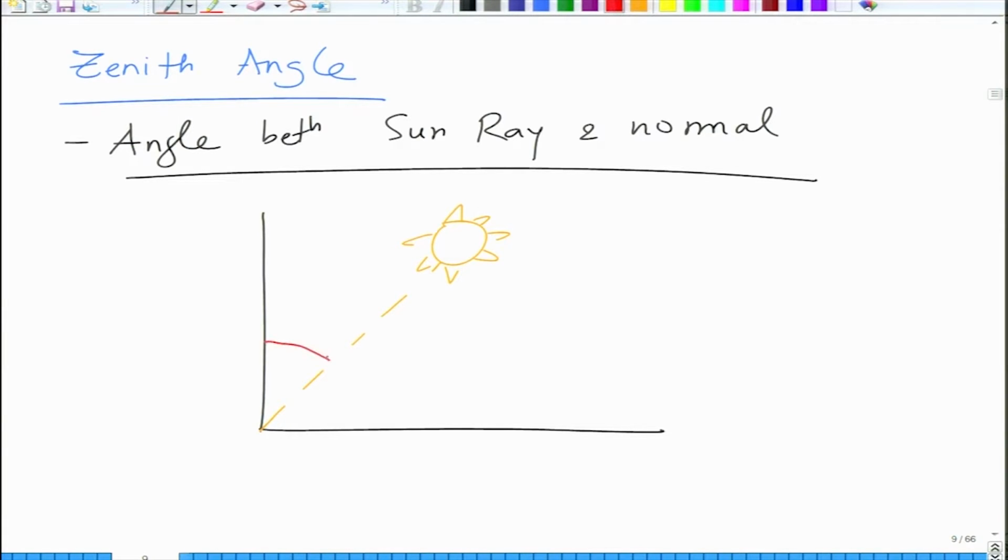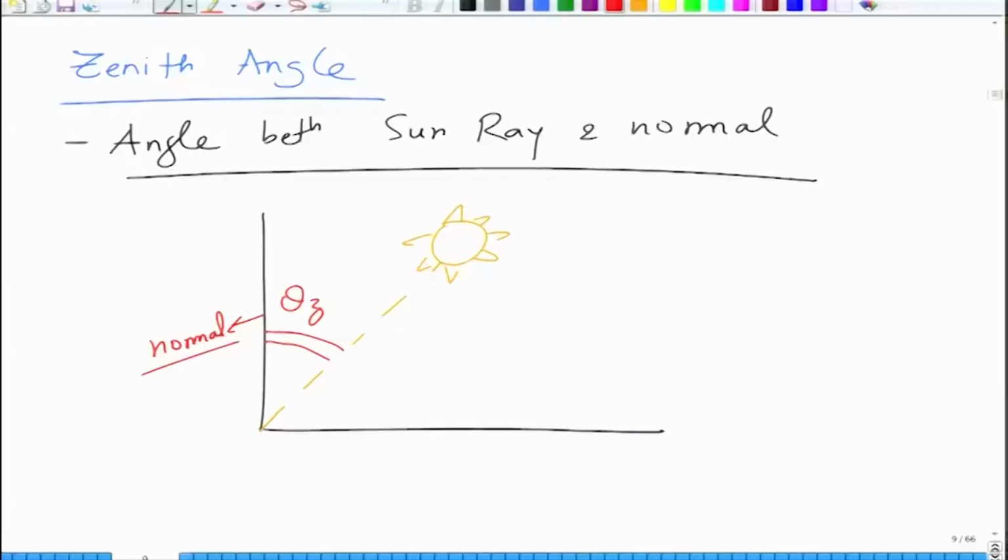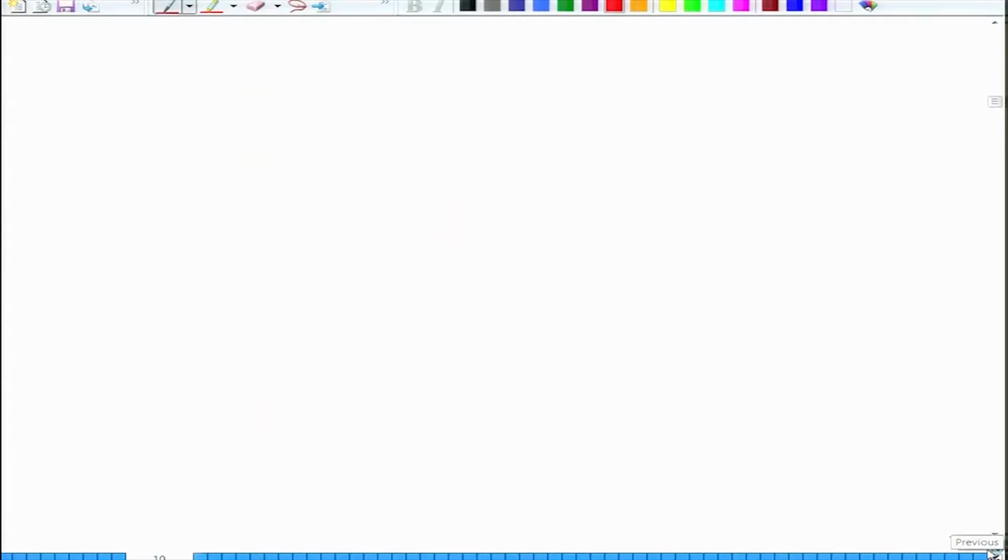The angle here is called theta z. Under certain conditions, theta z plus alpha will become equal to 90 degrees, but not for all conditions, because remember the sun always moves from north to south in the sky. So the sum will not always equal 90 degrees, but under certain conditions it will. And then we have the third angle, called the solar azimuthal angle.